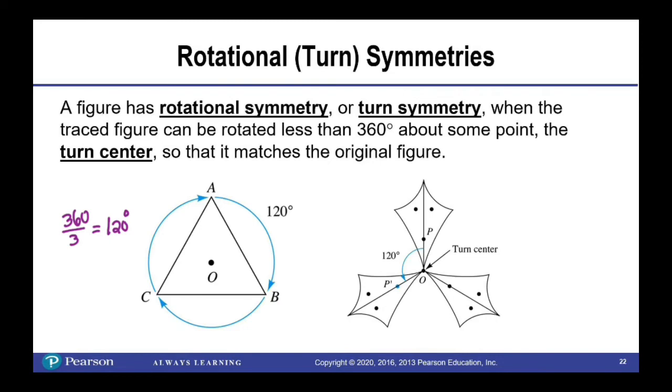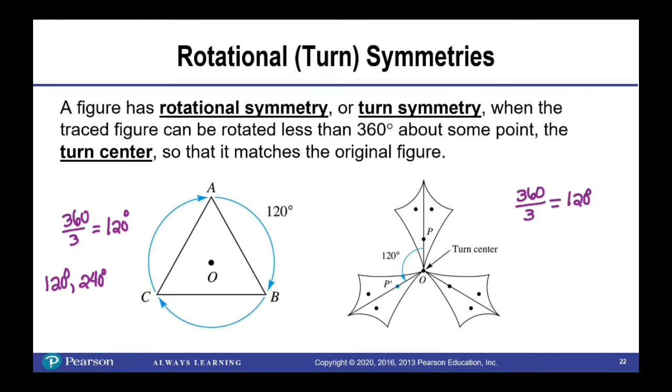Now what this means is I can rotate this figure 120 degrees and my figure looks the same. I can also rotate this figure any multiple of 120, such as 240 degrees, and my figure looks the same. Another multiple of 120 would be 360, but we've come back to our starting point. Now look at the figure on the right. This one also has 120 degrees of turn symmetry.